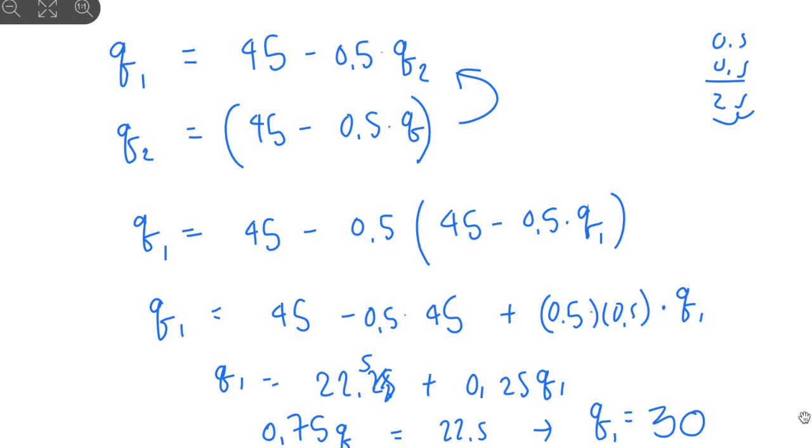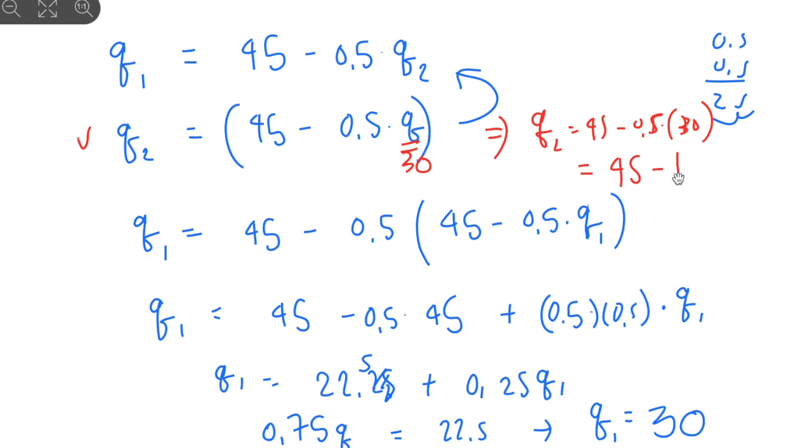What about Q2? Now all we have to do is plug 30 into the Q2 solution, right? So Q2 equals 45 negative 0.5 times 30, and thus we have 45 negative 15 equals 30.